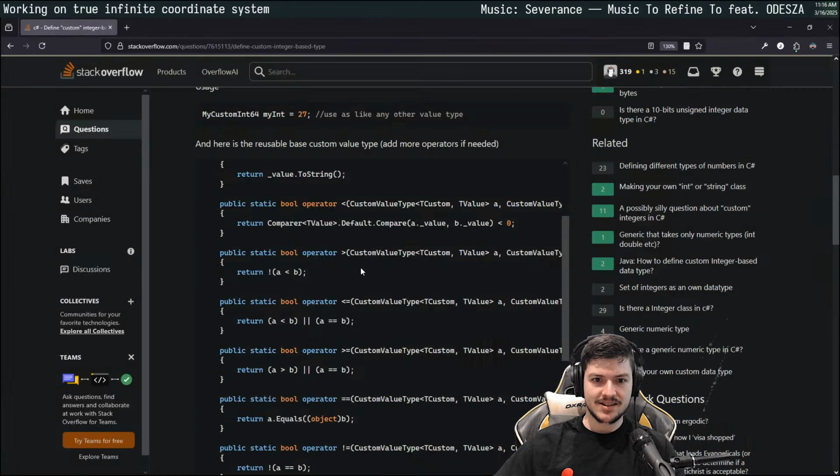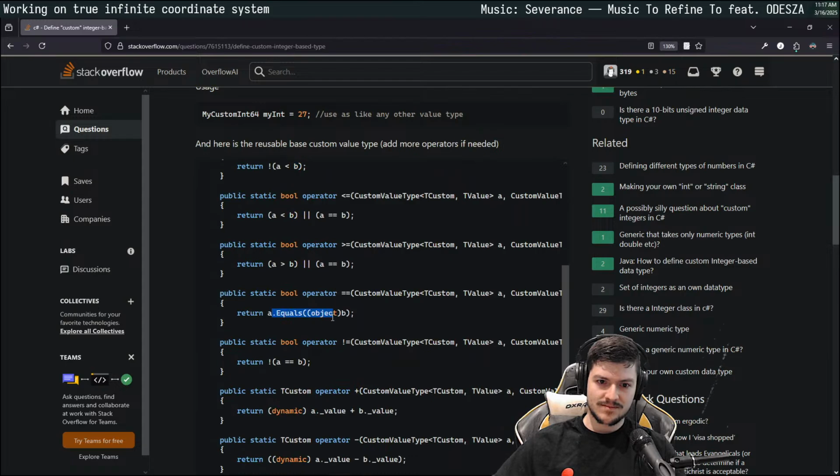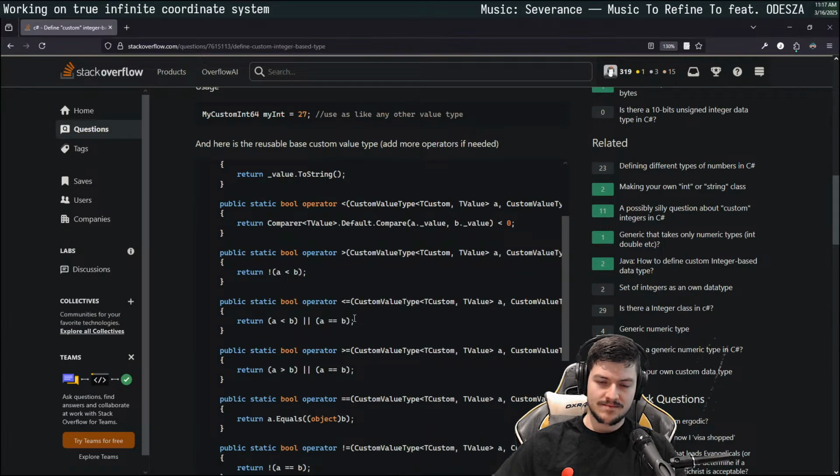By the way, looking at this code, isn't this a mistake? Because bigger is not exactly the opposite, right? Because you end up with, if A is equal to B, then it's not smaller. I don't know, this looks wrong.